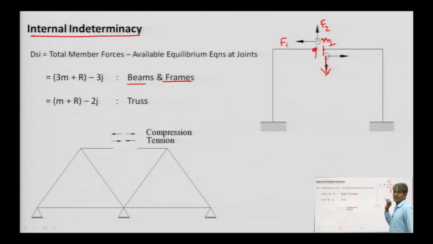Because prior to the cut this joint was in equilibrium, if the left-hand joint has force F2, then to maintain equilibrium this force will also be F2. Similarly, this force will also be F1, and if the moment acting at this point is clockwise, then here it will be anti-clockwise with the same magnitude M1.